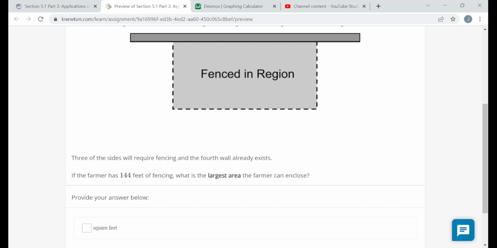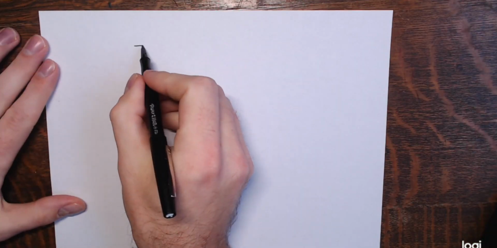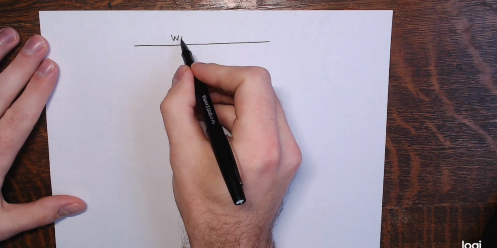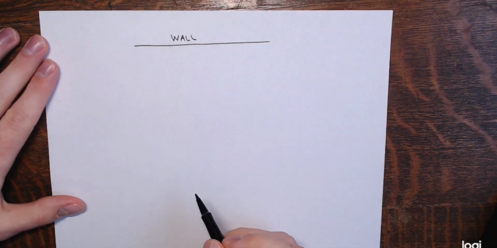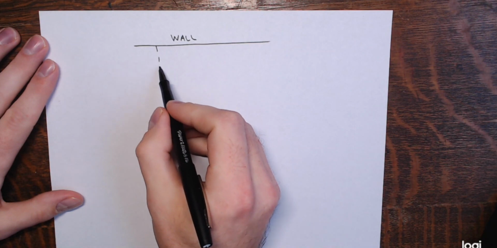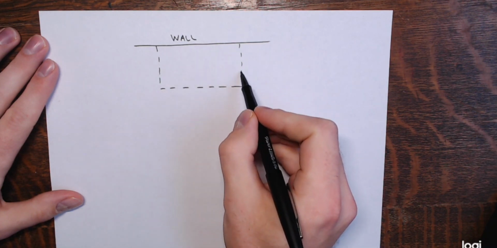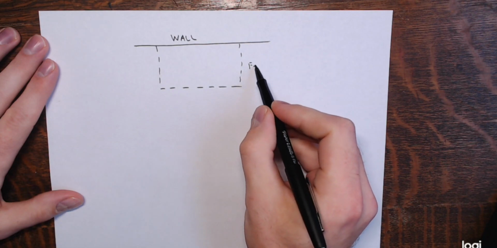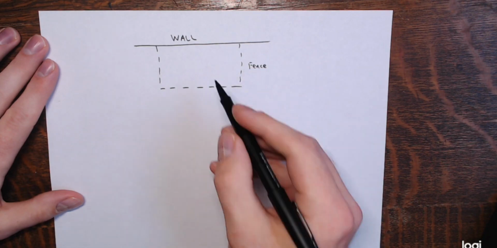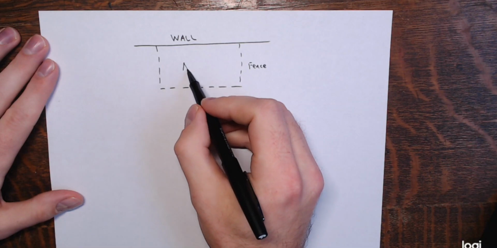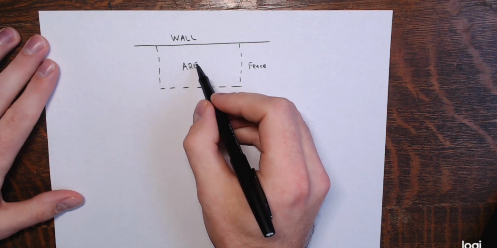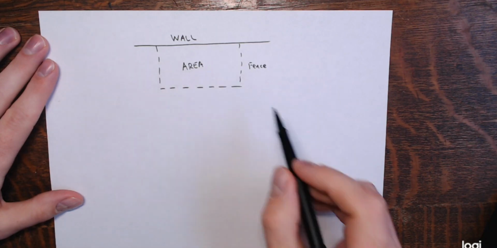So let's go to a picture. I'll draw a piece of paper. So again, you have this wall that's already there, and we're putting in fencing to make a rectangle. And then there's some area in the enclosed fencing. Right?